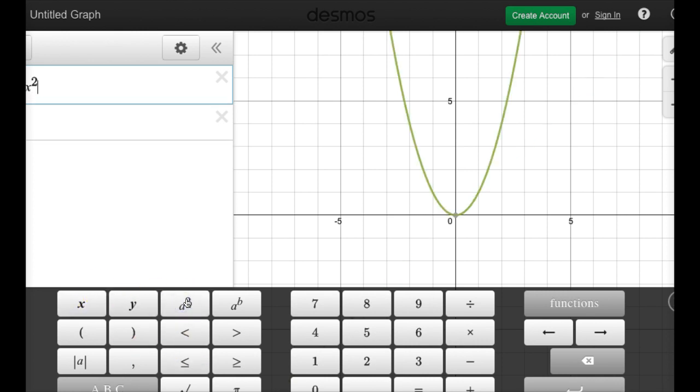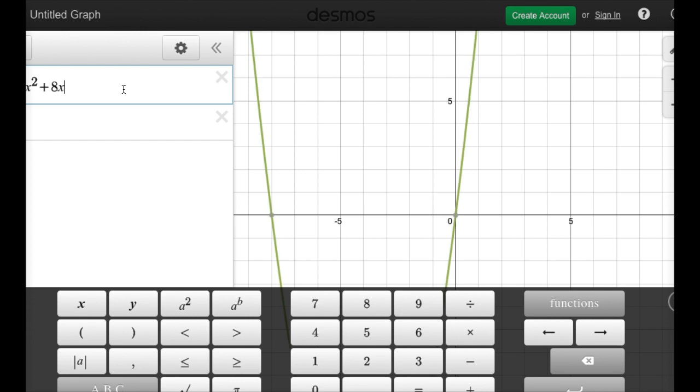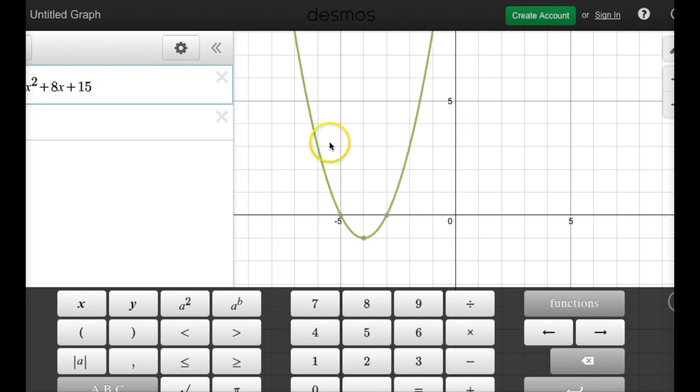X squared just makes a parabola where the vertex is at the origin. Look where it crosses the x-axis, at -3 and -5. I wonder what the vertex is.